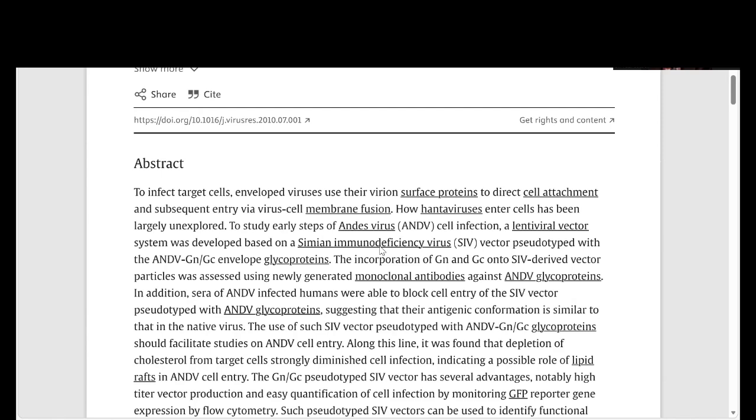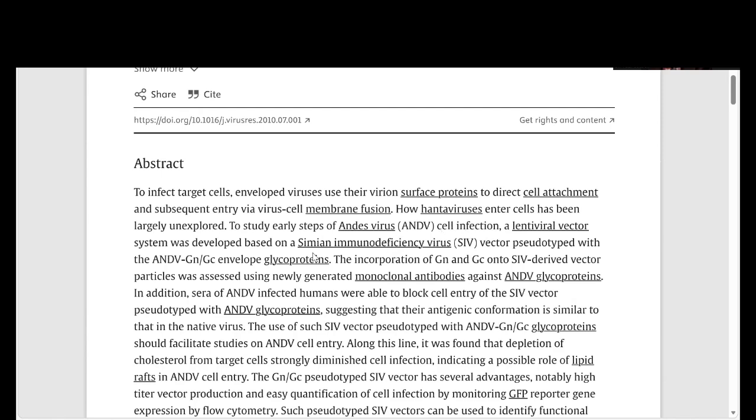And you can do that by infecting a cell with native SIV and having either a vector system that's incorporating the gene expression of GNGC, or through a plasmid, and through random recombination over time, it will combine.